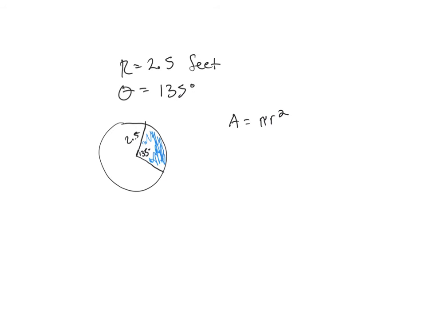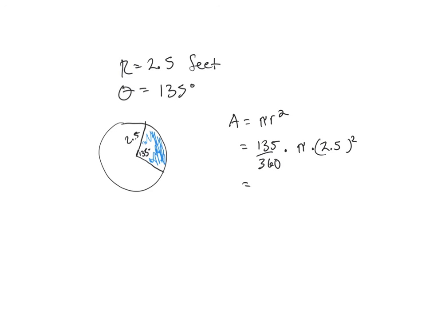So all you have to do is first find the proportion. So we got 135 out of 360. Multiply that by pi. Multiply that by 2.5 squared. Yeah, radius squared. I'm going to punch that out in the calculator.